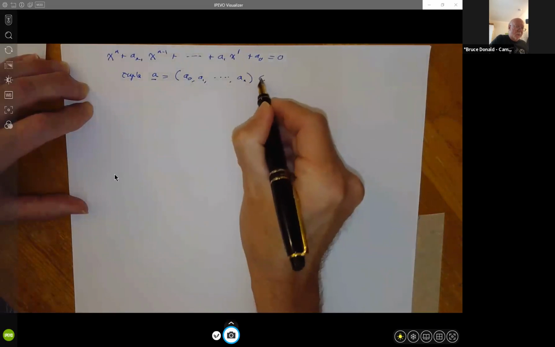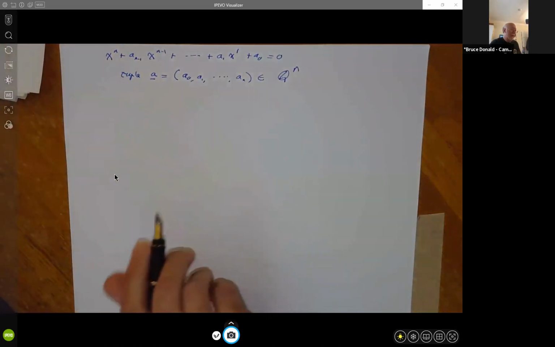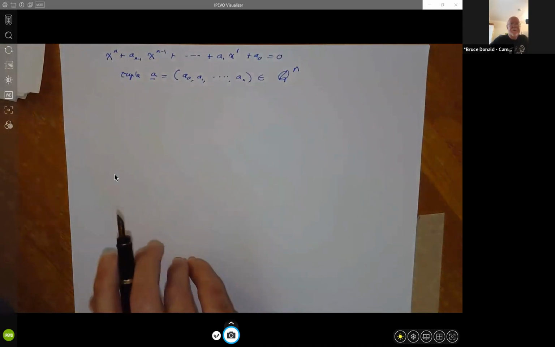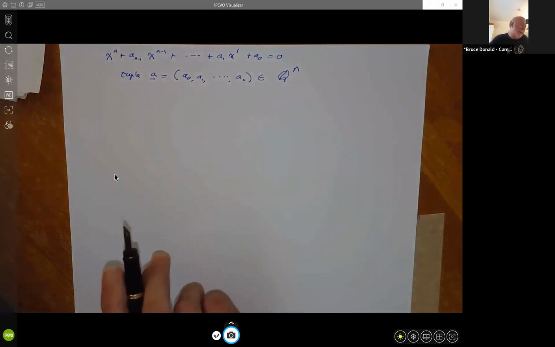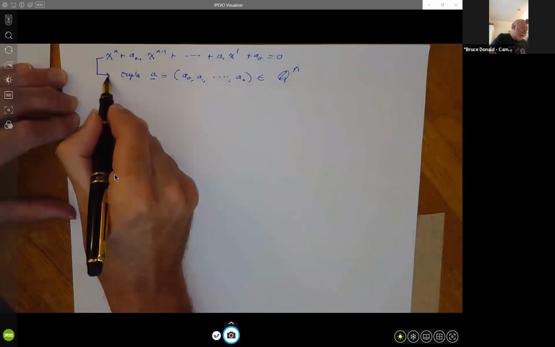And of course, this is a point in the rational numbers to the nth power. This is a lot like your exercise with streams where we kind of ignored the variable x. We can completely specify a polynomial by talking about what its coefficients are and the fact that it's a polynomial in x. So what this means is there is actually a bijection between these two things.